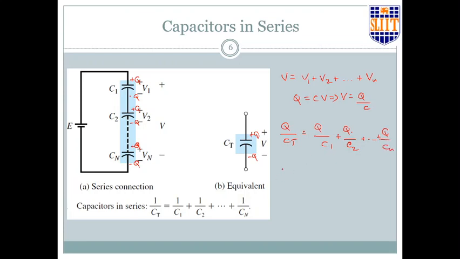So Q cancels out, which gives us 1 over CT equals 1 over C1 plus 1 over C2 plus up to 1 over Cn. Right, so that is what you get.